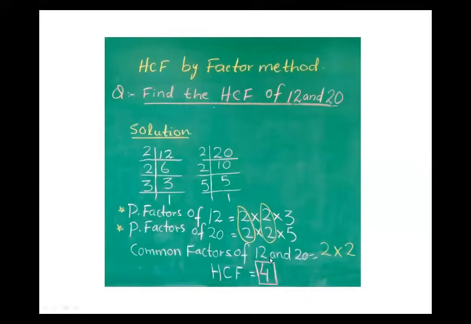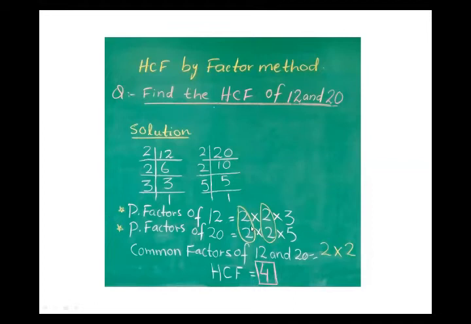Let's recall the method. Before finding the HCF of 12 and 20, we find the prime factorization of 12 and 20. The prime factorization of 12 is 2 into 2 into 3, which makes 12. And the prime factorization of 20 is 2 into 2 into 5, which makes 20. Now we find the common factors between them.